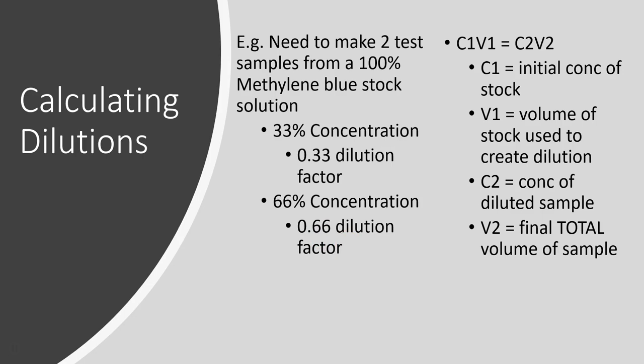And I would use the same equation and calculate out the amount of methylene blue to add, and then use that for any given volume that I want to look at. And then I would subtract that number from my desired volume to calculate how much of the water I would need to add to each one.